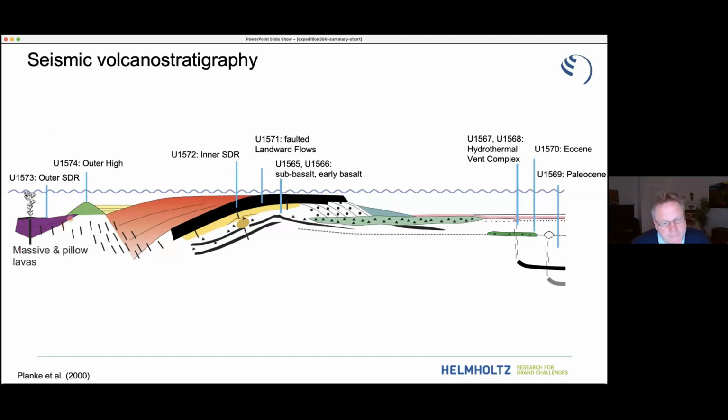And this was proposed in the early 2000s as typical for volcanic rifted margins, and this has been found again and again for very different volcanic rifted margins all over the world.